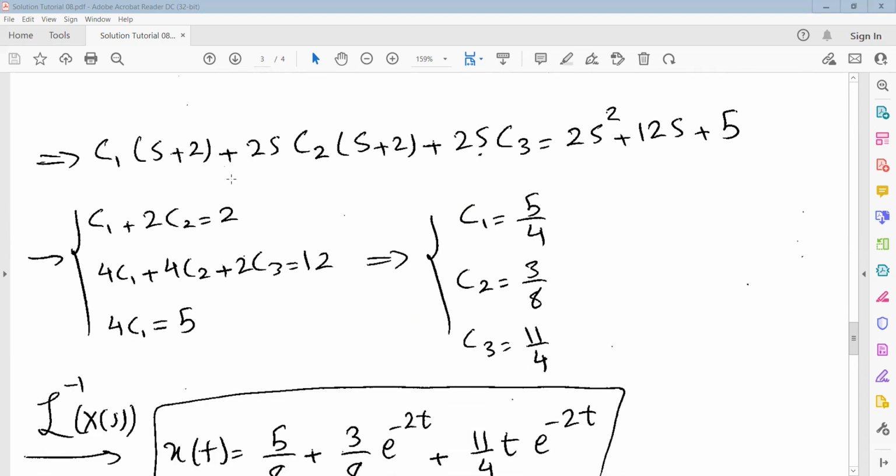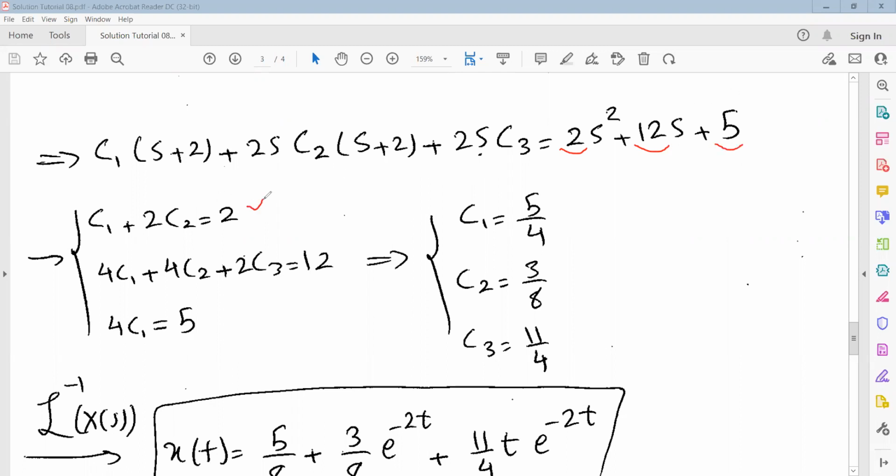And now we will have three equations this time. One equation is the coefficients of s squared, which on the right hand side is equal to 2. The second equation is the coefficient of s, which on the right hand side is 12, so it must be equal to 12. And finally, the constant part must be equal to 5, which is the value on the right hand side.